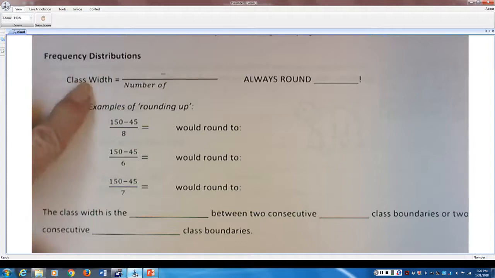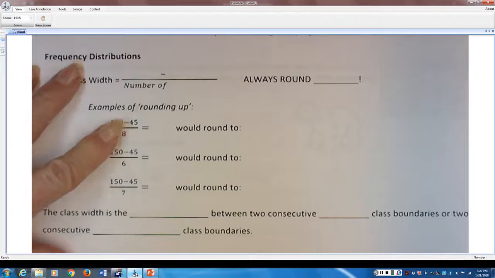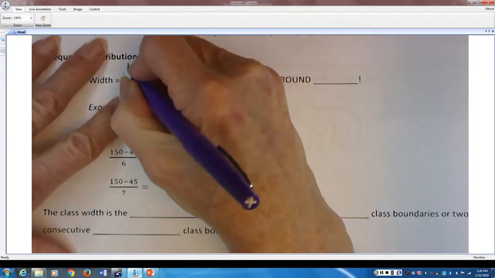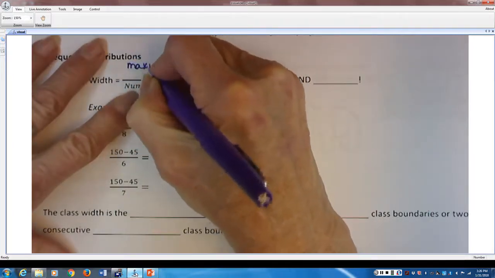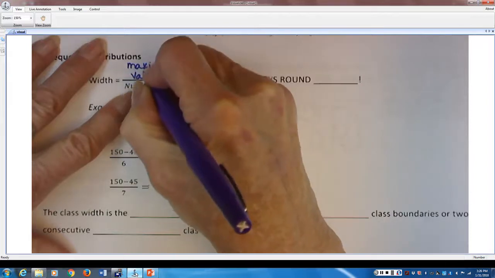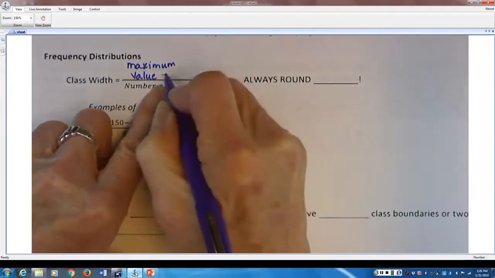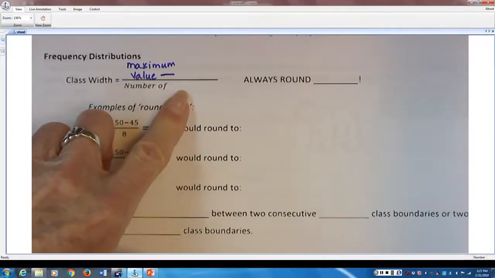So at the top of this page, how do we find class width? You find class width by taking the maximum value and from that you subtract the minimum value.